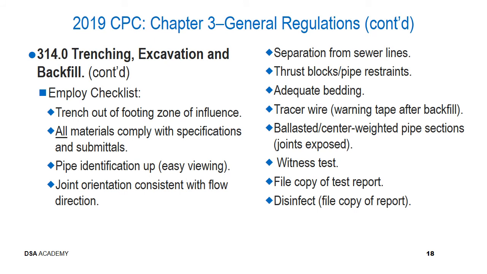Okay, let's go over some of the details of an inspection checklist that a project inspector should be thinking about and employing to ensure plan and specification compliance with an underground installation similar to the one that you all just looked at. Now, first of all, you want to review the soils report, if there is one, okay?